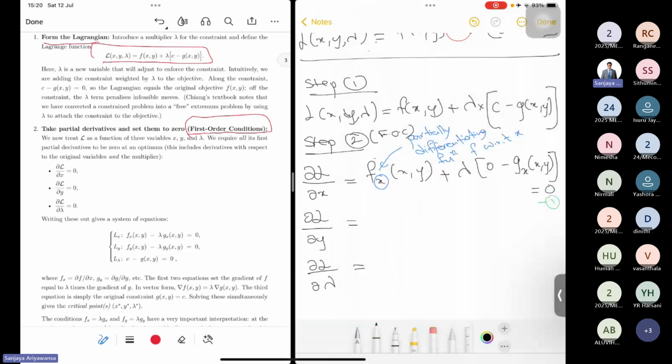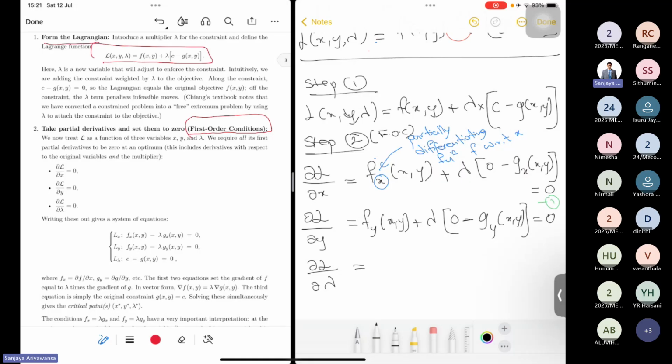Then I move on to partially differentiating the Lagrangian with respect to y. So I partially differentiate my objective function f with respect to y plus lambda times, when I partially differentiate a constant c with respect to y, it's 0, minus I have the g function which also has y, so I partially differentiate it with respect to y and I equate it to 0. And finally, I partially differentiate the Lagrangian function with respect to lambda.